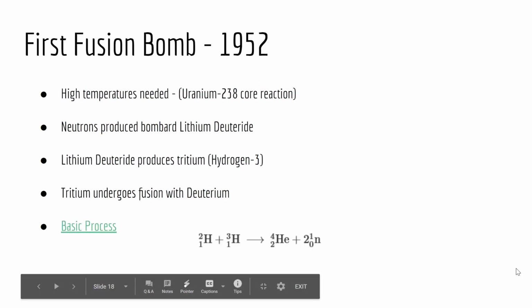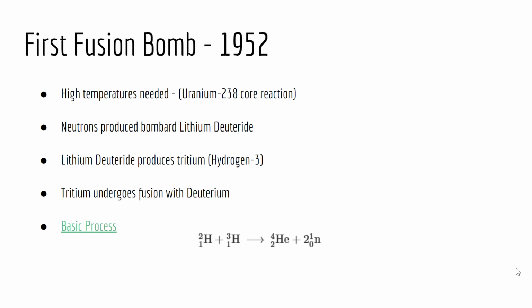So the first fusion bomb after fission, the uranium and plutonium bombs where you just need a critical mass together, was built in 1952. These take really high temperatures, so you use a normal fission bomb to get to the high temperatures, and that's a core reaction. Then they bombard this lithium deuteride, and it produces hydrogen-3, and you can get a nuclear bomb.